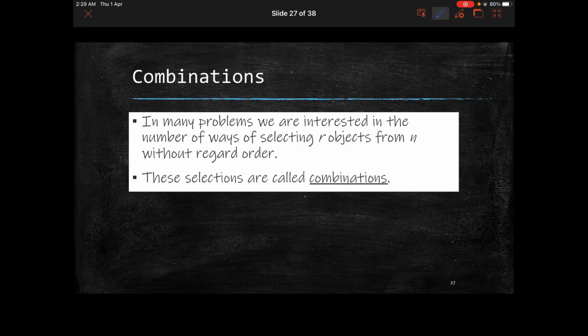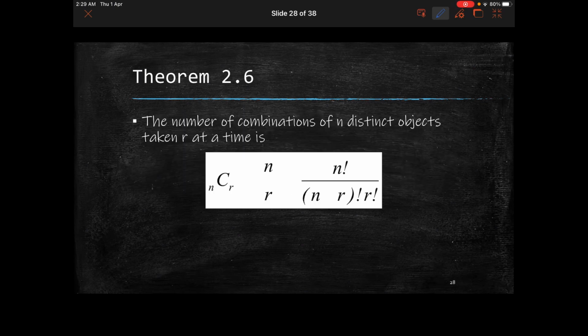Next, okay, combination. What is combination? In many problems, we are interested in the number of ways of selecting r objects from n without regard to order. These selections are called combination. It doesn't take into account the orders. Okay, let's see.